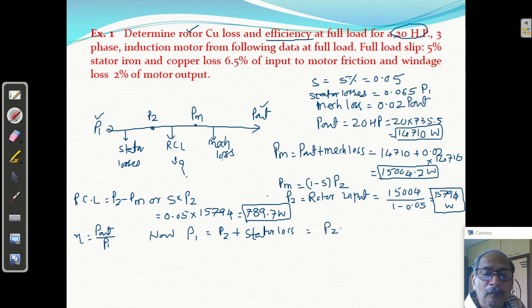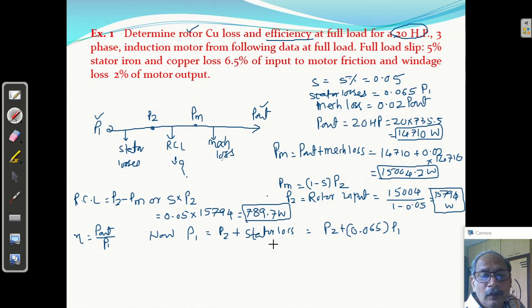The stator losses are given as 0.065 of P1. So P1 equals P2 plus 0.065 of P1. Clear? So you can get P1.